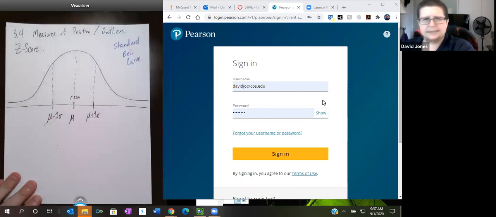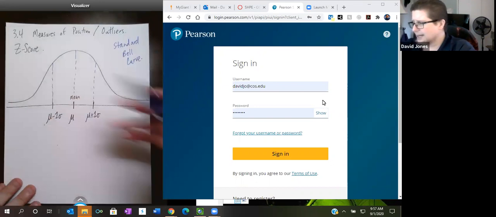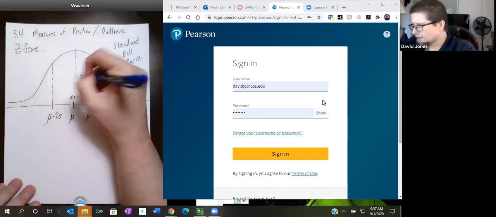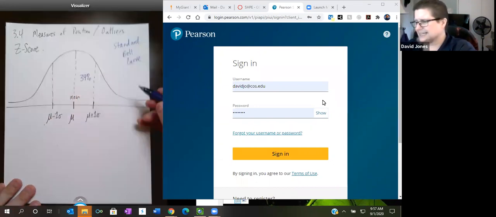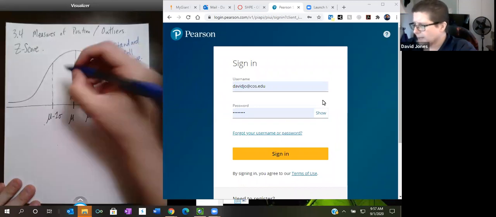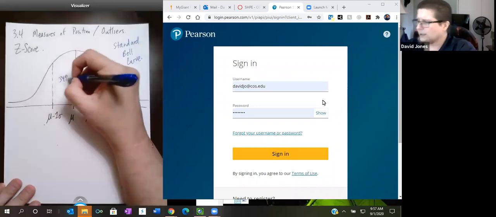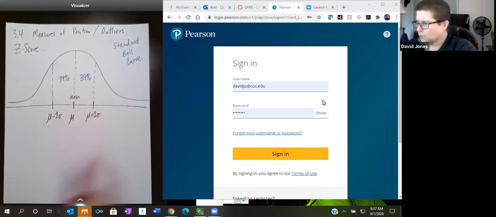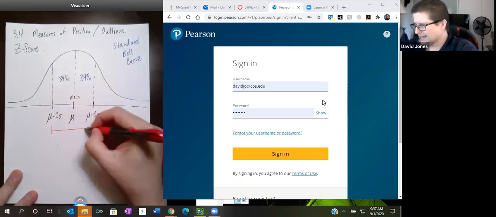the way these standard deviations line up is that 34% of the data is in this region, and this has 34% as well. So within one deviation, we have 68%.